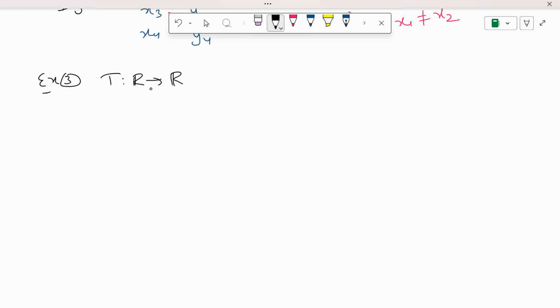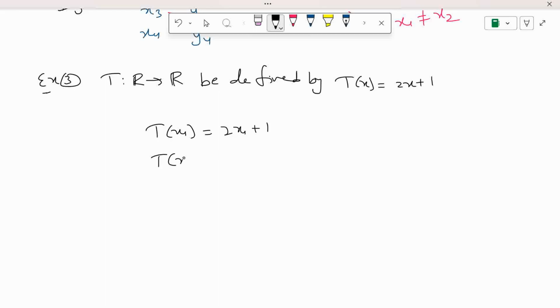So the set 1 and set 2 are real numbers, and the function is defined as 2x plus 1. Now in order to prove that, let's prove like this. T of x1 is equal to 2x1 plus 1 and T of x2 is equal to 2x2 plus 1.